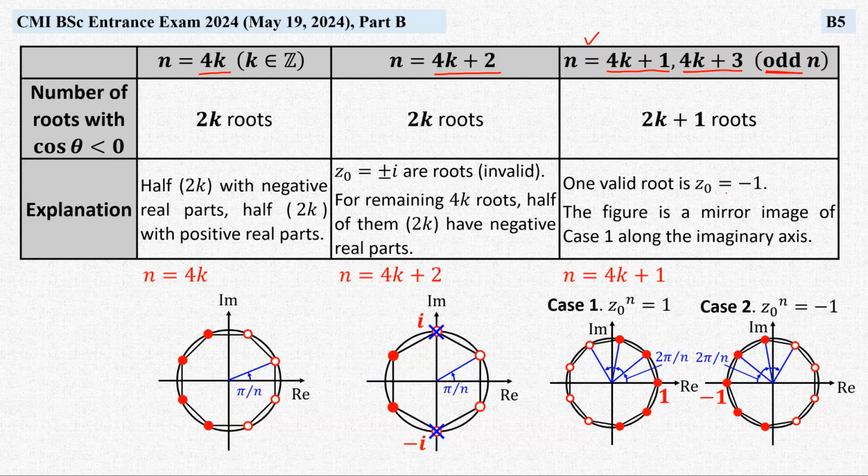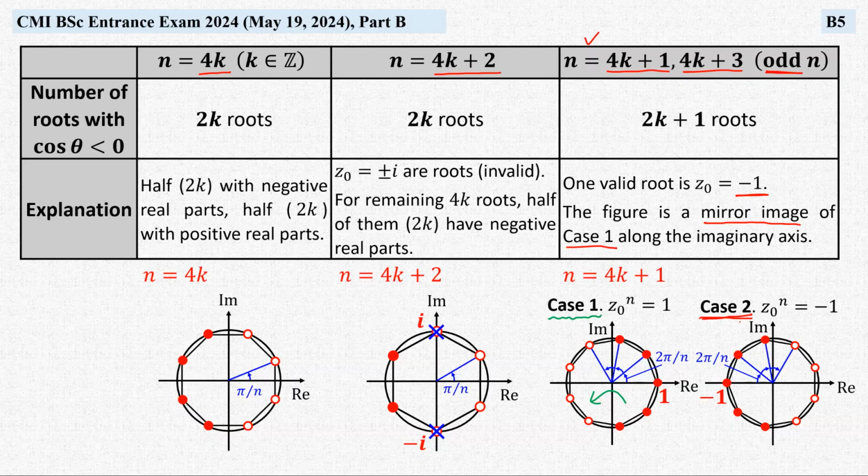Contrary to case 1, now we have a valid root -1. But this is just a mirror image of case 1. So we have the case 1 figure right here, but if you just flip the entire figure over the imaginary axis, then you will obtain the figure for case 2.